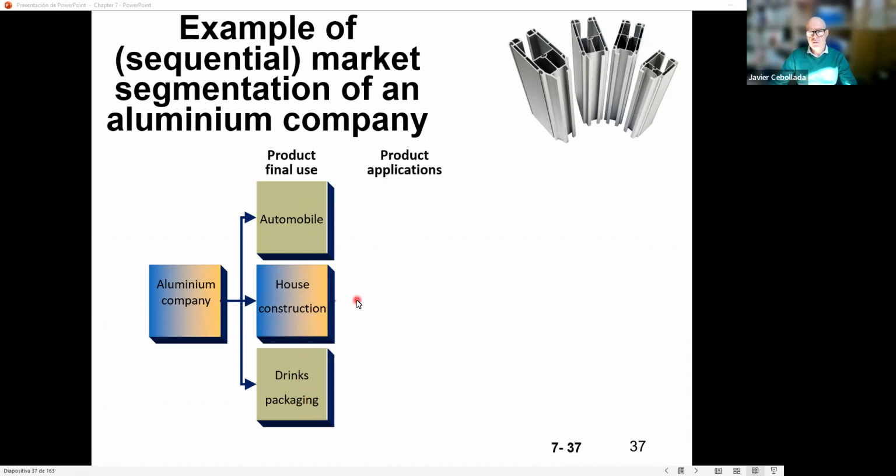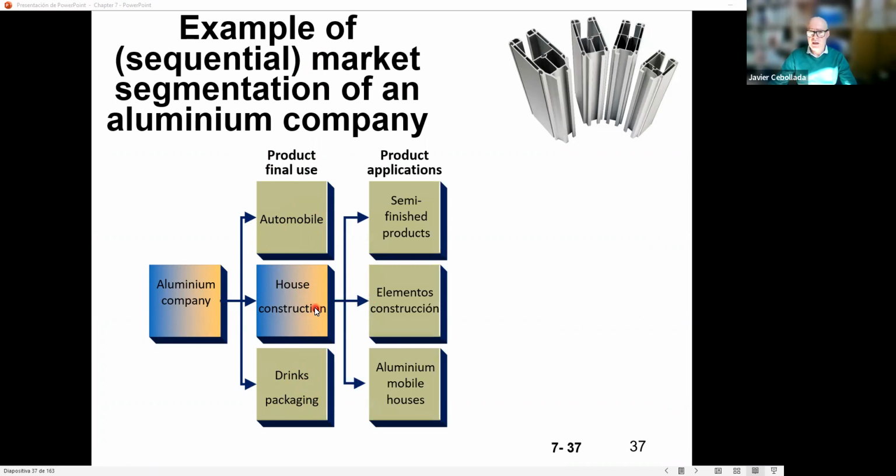And then it can go into a more granular segmentation. For example, among customers using aluminum for house construction, some of them use this aluminum for semi-finished products, others for construction elements, and others for, let's say, for example, aluminum mobile houses.